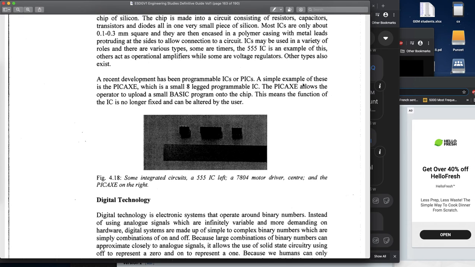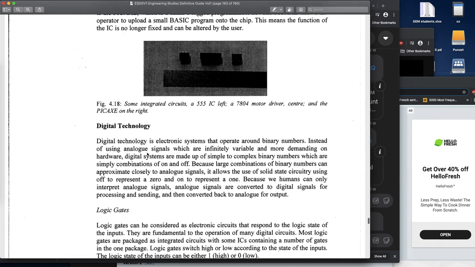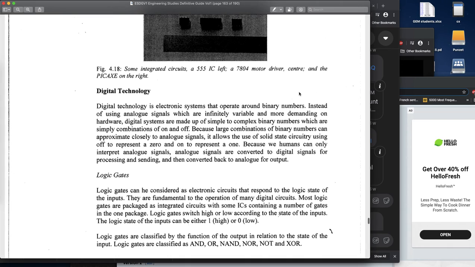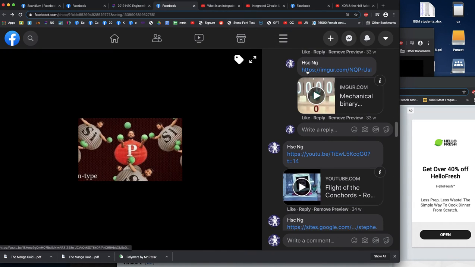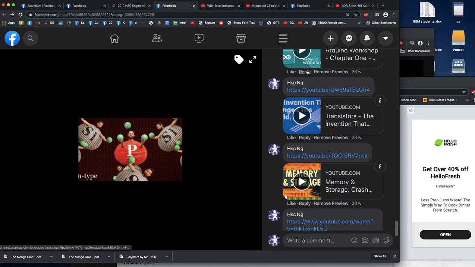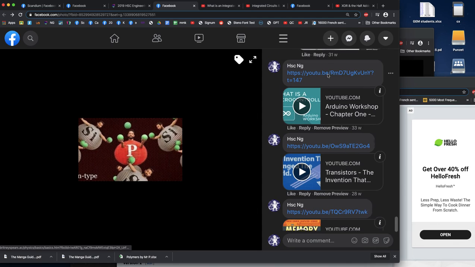Oh, so here we have the timer, a 555 IC. That was the one I showed you the picture of earlier. And when we get to more advanced reprogrammable ICs, what we tend to call those is microcontrollers. And so down the bottom, I think I have something on Arduino microcontrollers. We have Arduino microcontrollers.